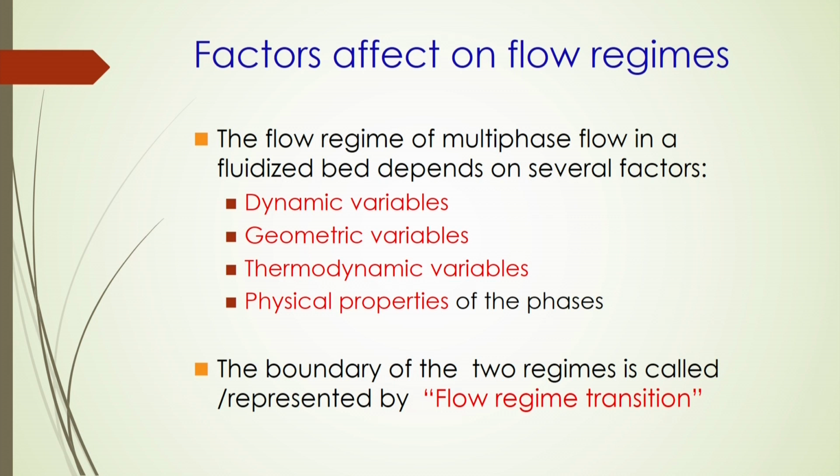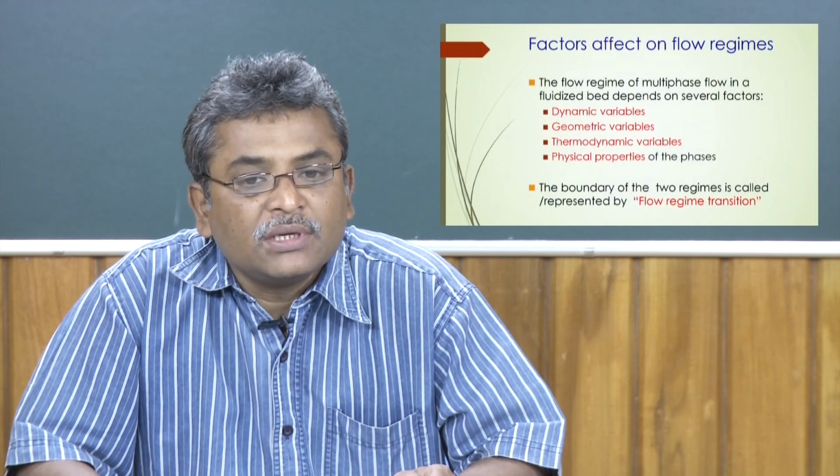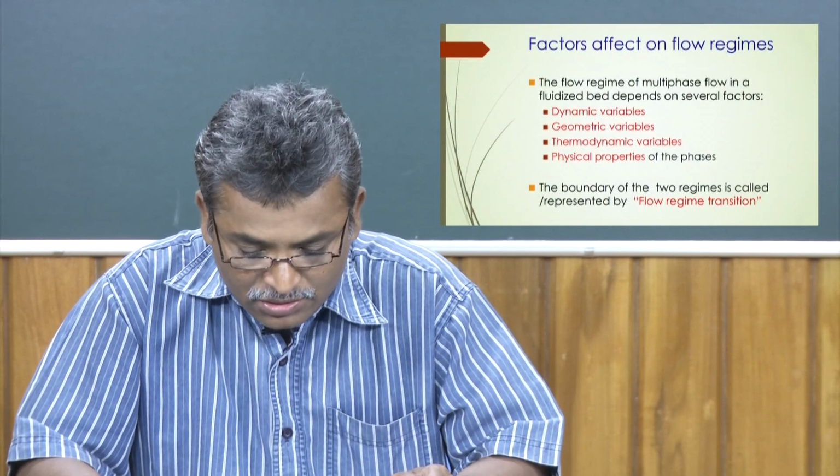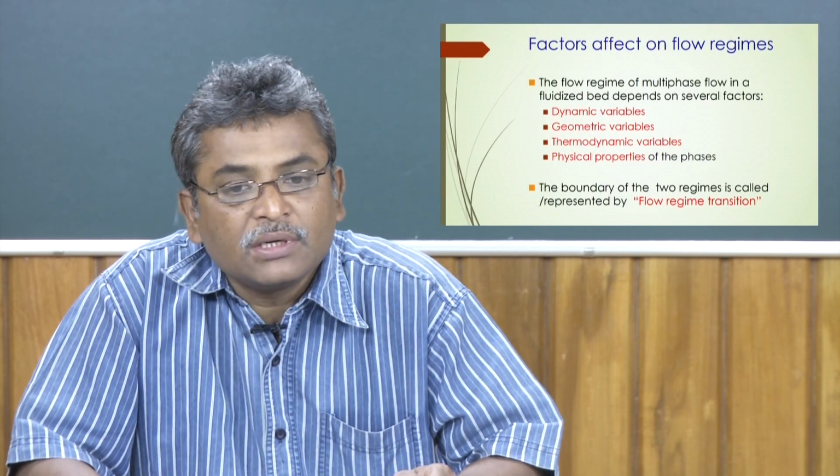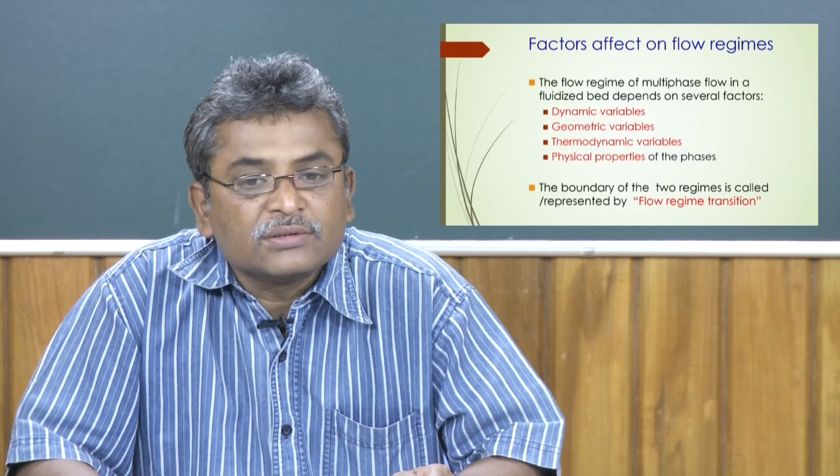Sometimes, since it is a drying operation in the fluidized bed, you have to maintain a certain temperature, and if you increase or decrease the temperature, how the fluidization characteristics will change depends on the temperature variation. And other transport processes like mass transfer and heat transfer depend on the variation of the temperature that is controlled in the fluidized bed. So, thermodynamic variables like pressure and temperature are the main important factors here.